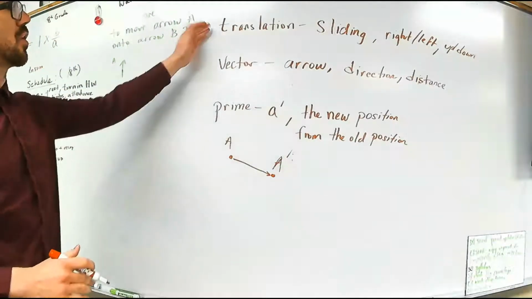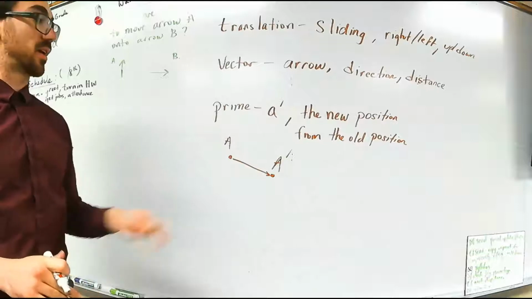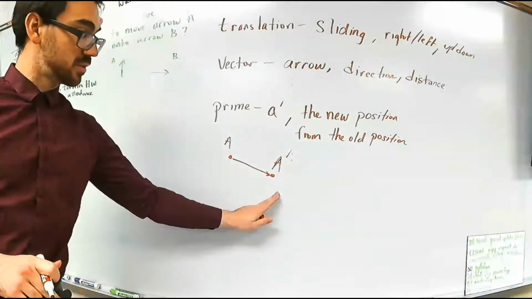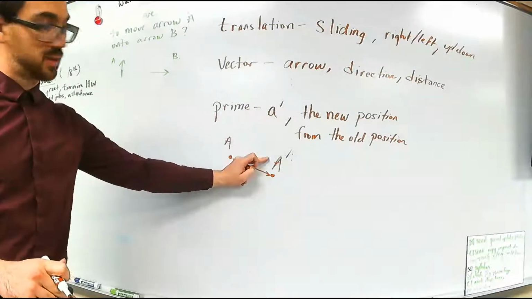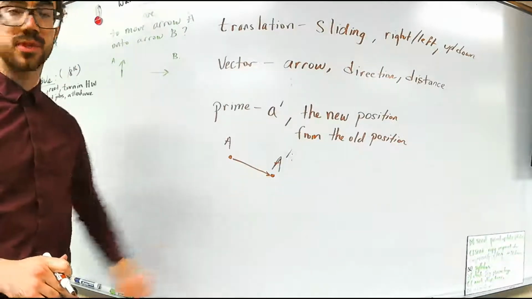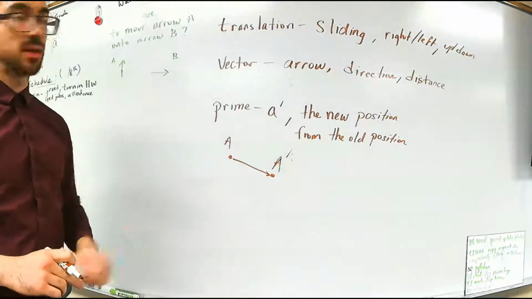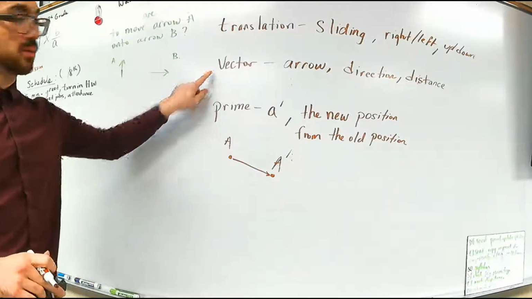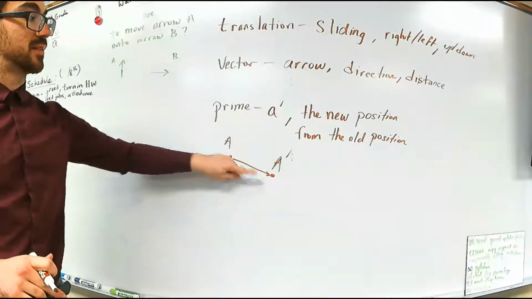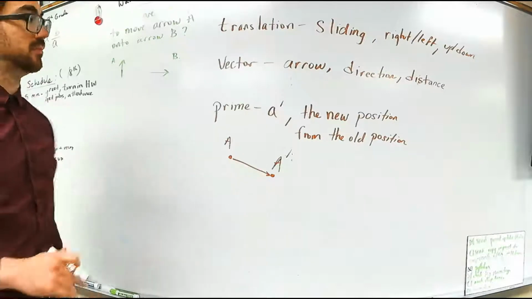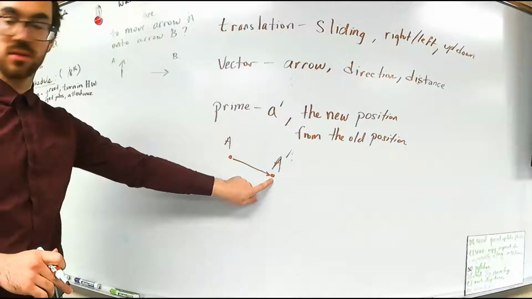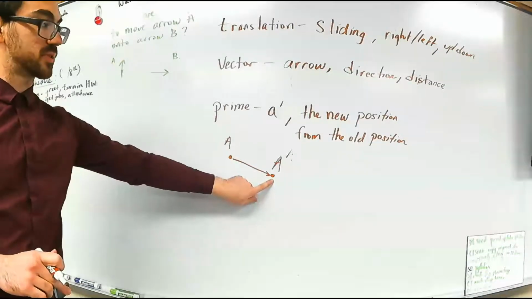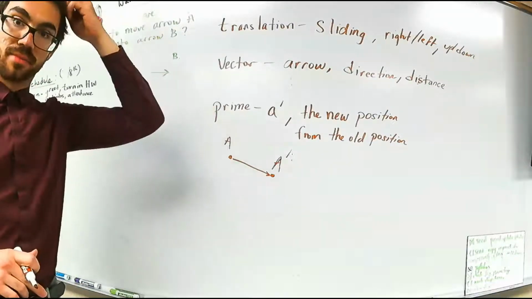And that's how we use all three of these definitions together. We had a translation, a movement, right, a sliding. Maybe we went some units right and some units down to get from A to A prime. We went there using a vector, which told us direction and the distance. And then we signaled the new position, the new spot here, right? The point's now here, as A prime.